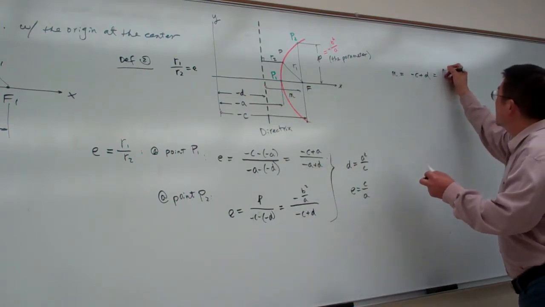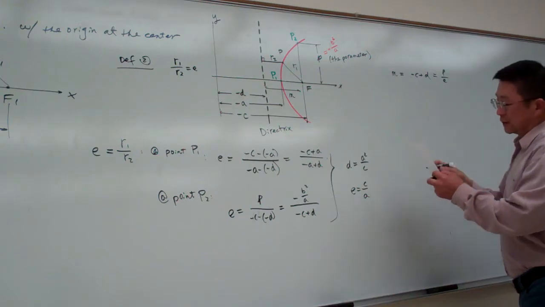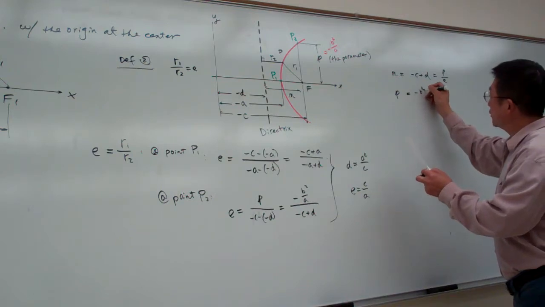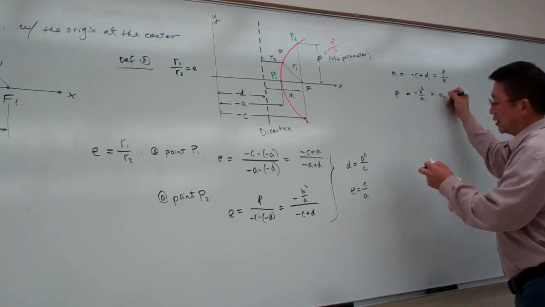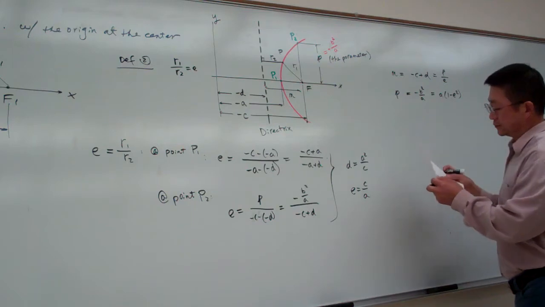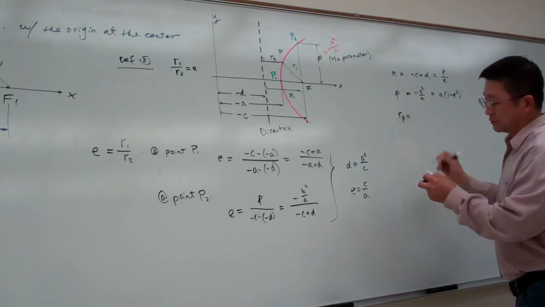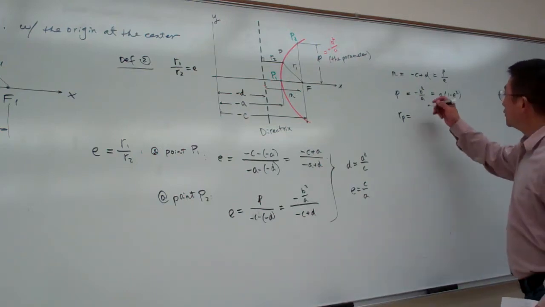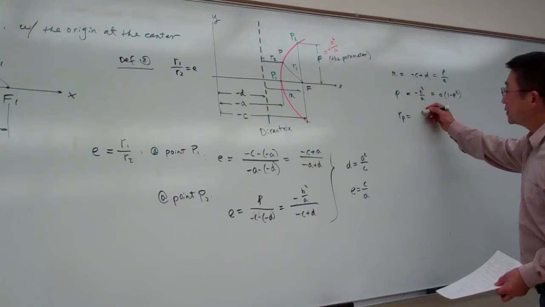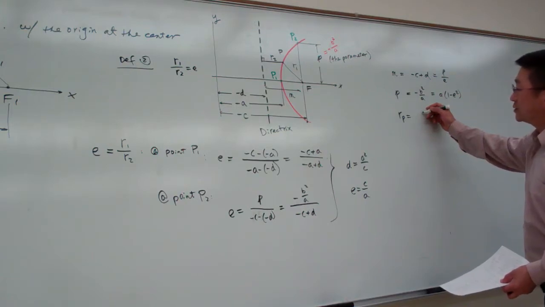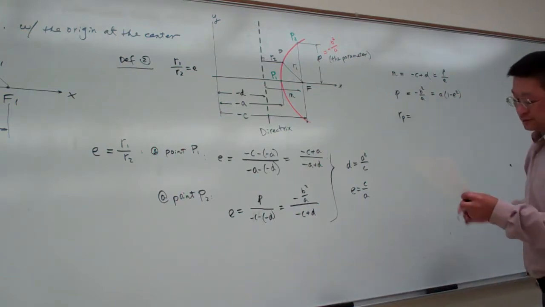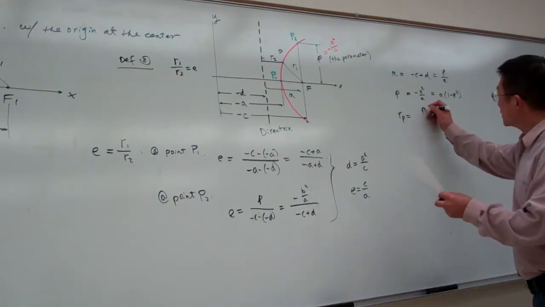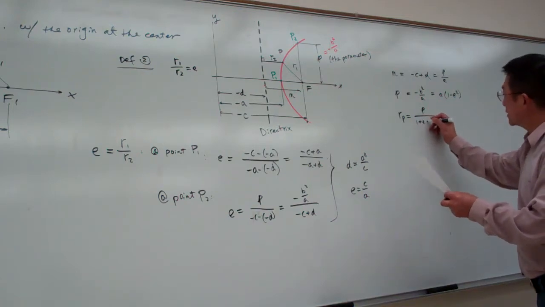So this one can be derived like this, and p we know is minus b squared over a, so that is a times (minus e squared, and so on). And for r_p, again we use the equation of the orbit, and here we see whether I can derive it. Anyhow, using the equation of the orbit is the quickest way.